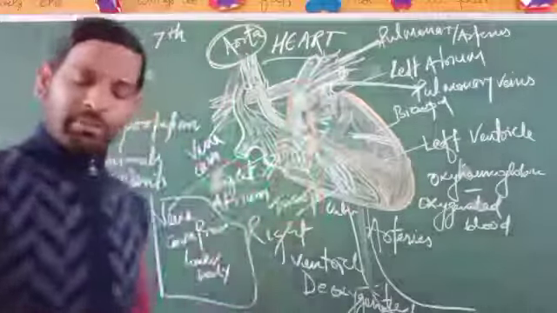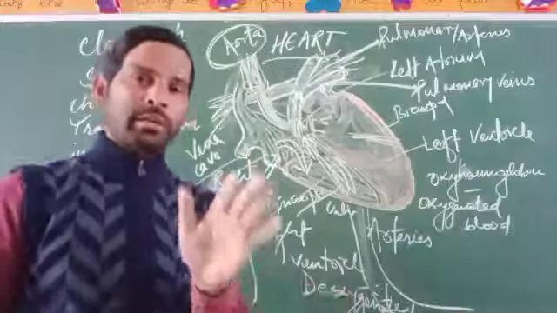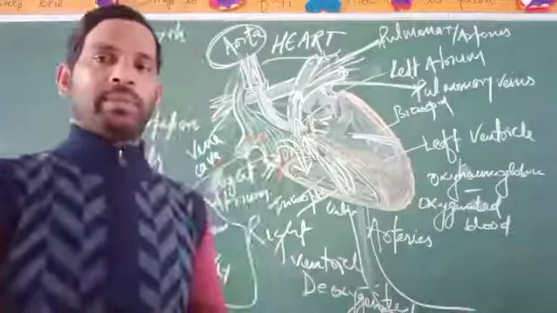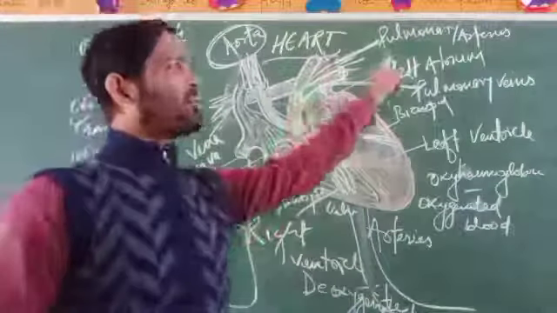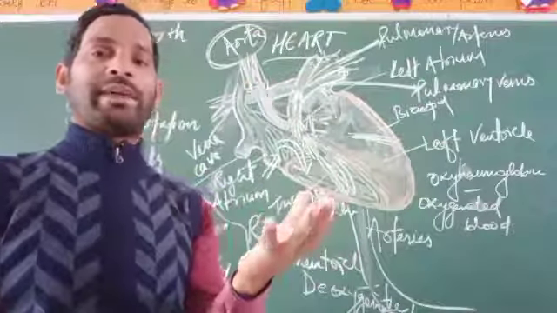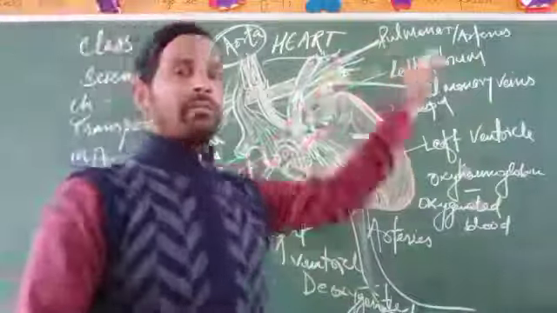What is the main function of the pulmonary arteries? Arteries normally carry only oxygenated blood, but pulmonary arteries are the opposite. They behave like veins, though they are called pulmonary arteries.